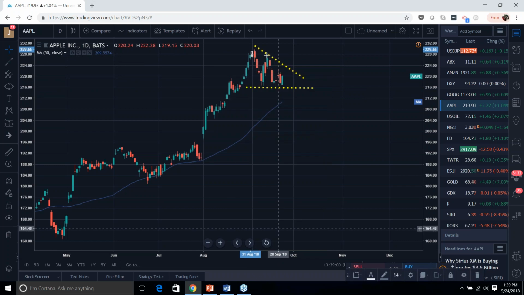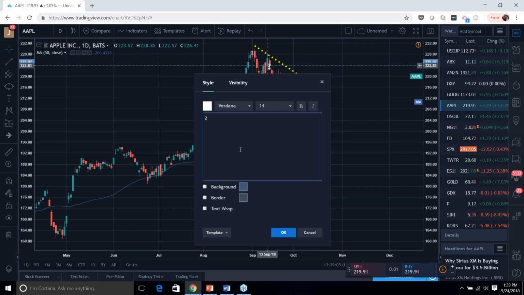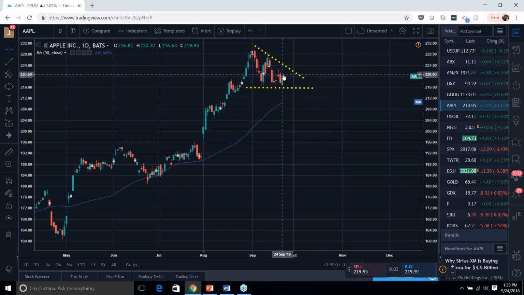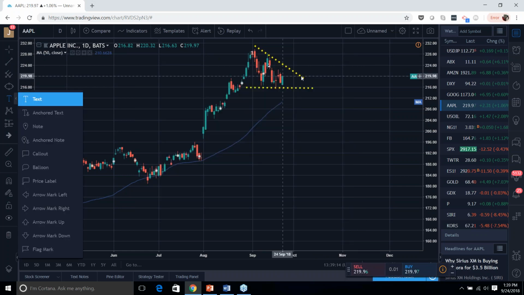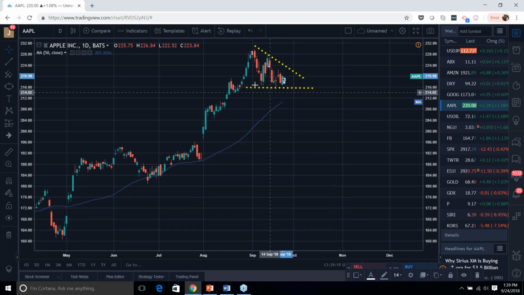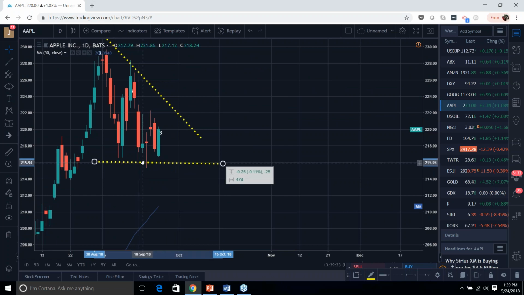Got our first peak here, second here, and then our third here. You guys can see the triangle really forms with the lower highs and the consistent support. So in this case, support has been consistent right at about this level.